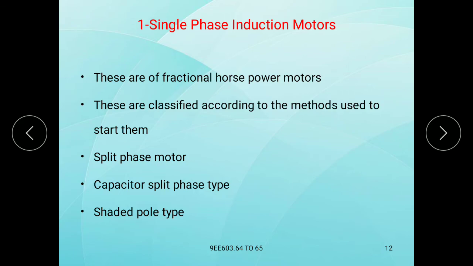Single phase induction motors are fractional horsepower motors. These are classified according to the methods used to start them, that is a split phase motor, capacitor split phase type, shaded pole type.